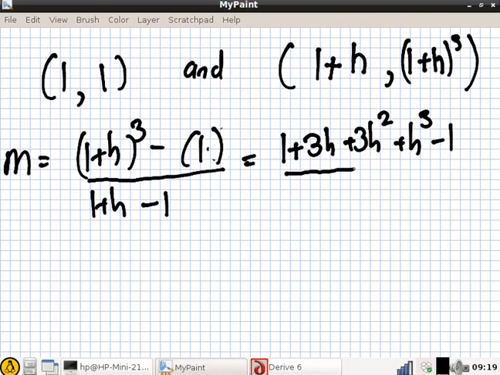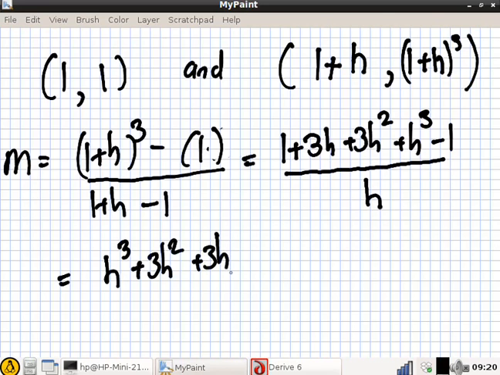And then on the bottom, I'll get h. The 1's cancel on the top, so I'm left with h cubed plus 3h squared plus 3h, all over h. That's h squared plus 3h plus 3.